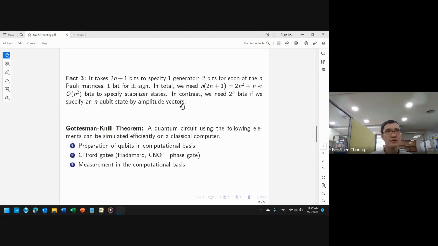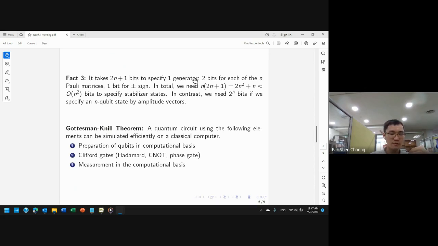So if you have one generator of n qubit states, essentially because we want either X or Z, you need 2 bits to specify either X or Z, and then you have n Pauli matrices, so that's why you have 2 times n. And then this plus 1 is just to specify the sign that you're using is either plus or minus. So this is for one generator.